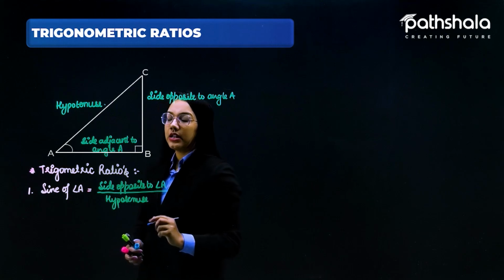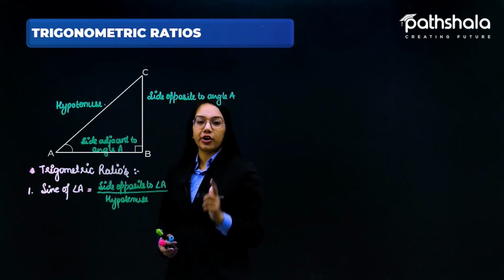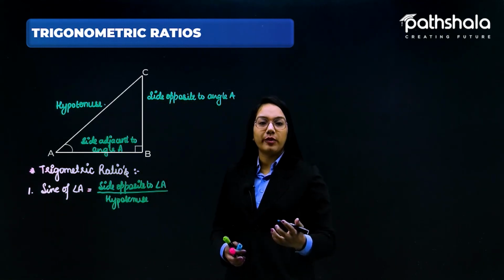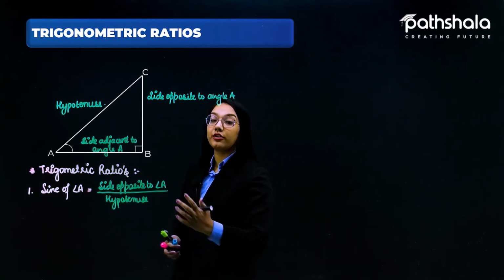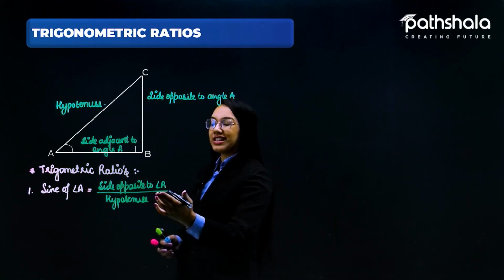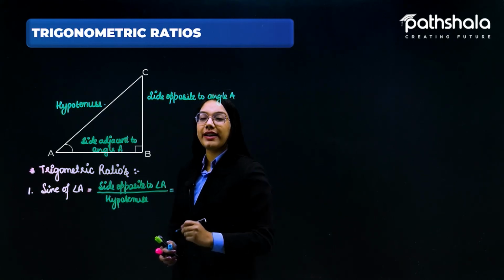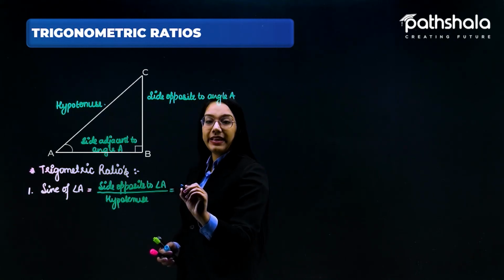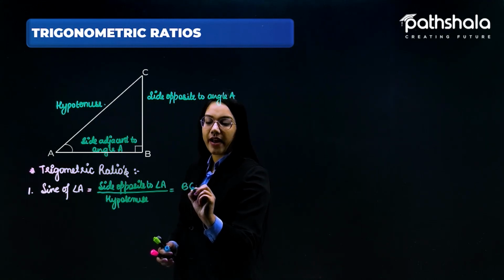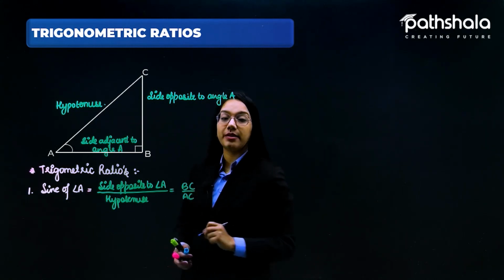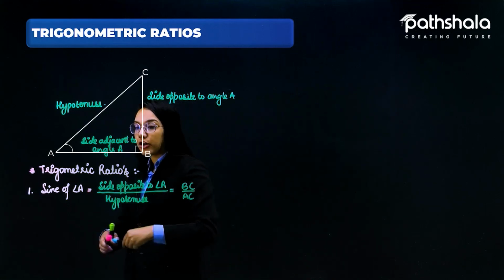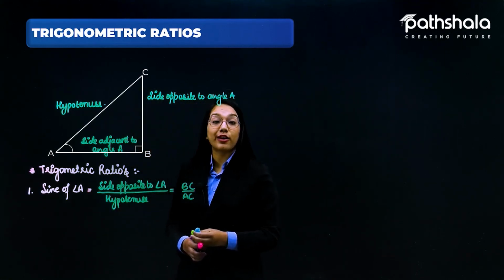As you can see, the sine of angle A is the first trigonometric ratio, giving us a ratio between two side lengths of this right triangle. We can also write it as BC divided by AC.